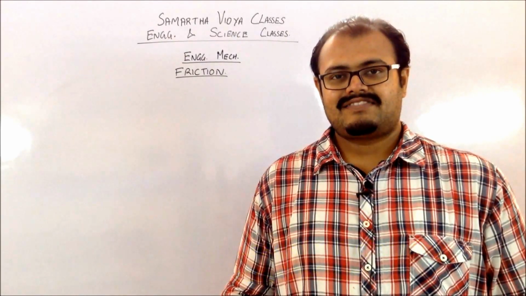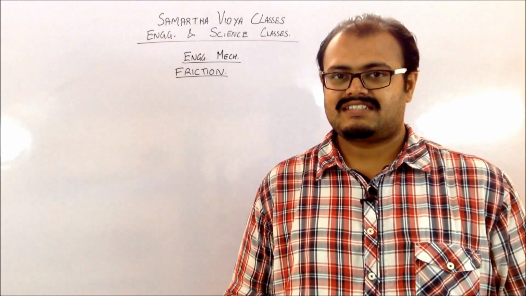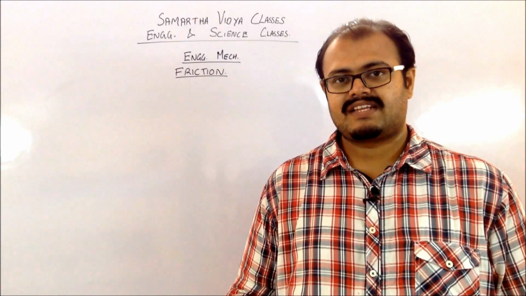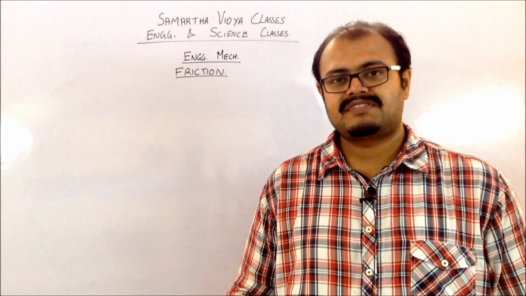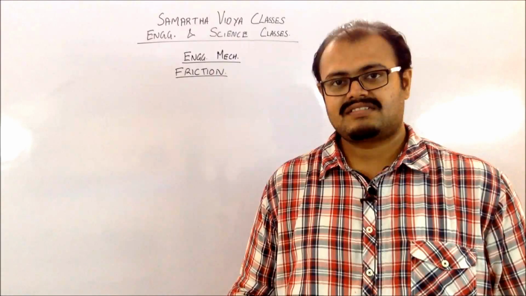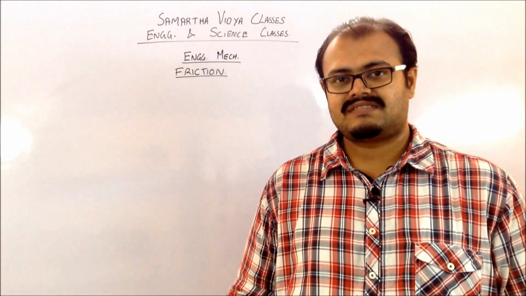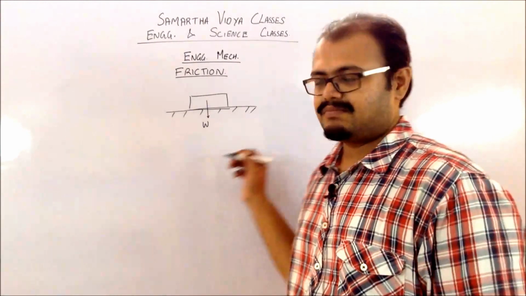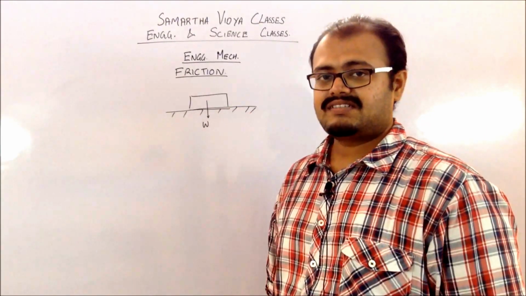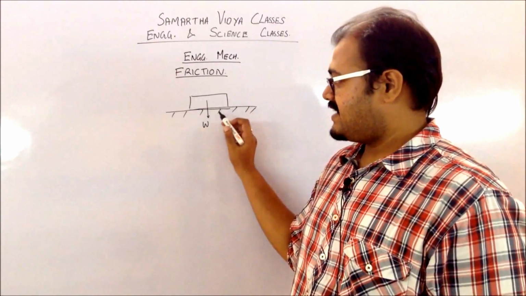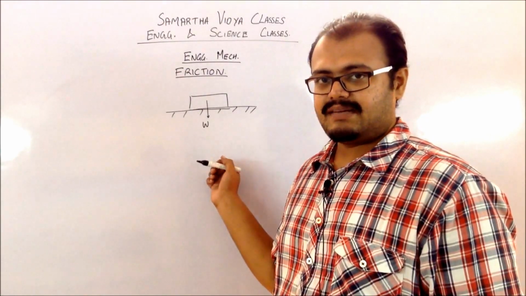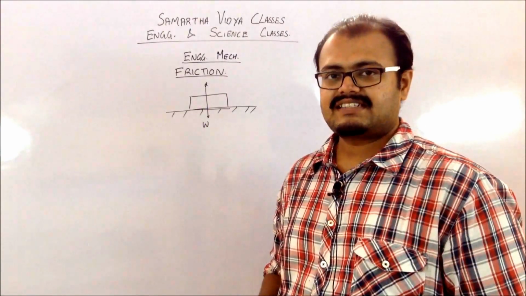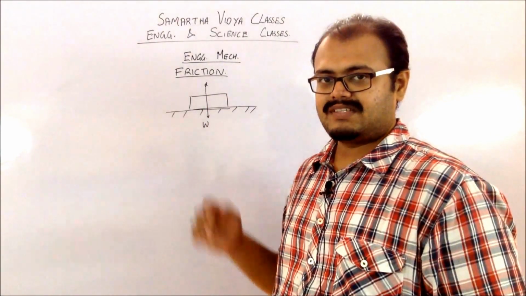The basic definition of friction is that it is the force which opposes motion. It is always opposite to the direction of the motion in which the body is moving. Let us try to understand the laws of friction by taking an example of a weight kept on a surface. Let the weight of this block be W. It will have an equal and opposite reaction from the surface.